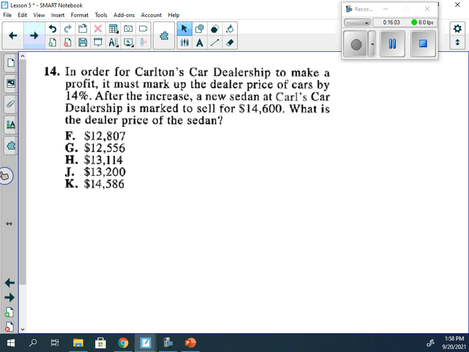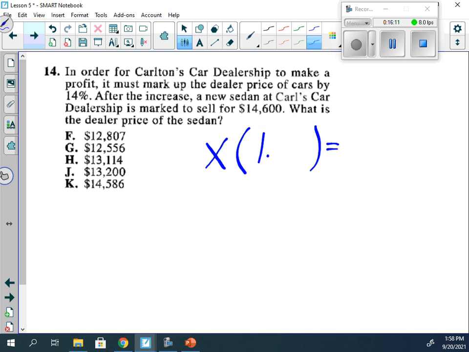Well, the dealer's price we can call X. But we need to increase it by 14%, so we're multiplying it by 1.14 to give us 14,600. To solve for the value of X, we would do what?